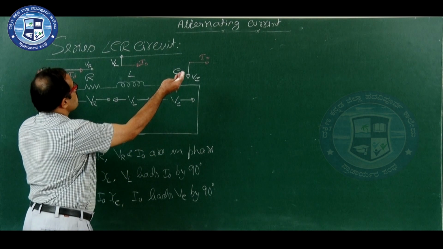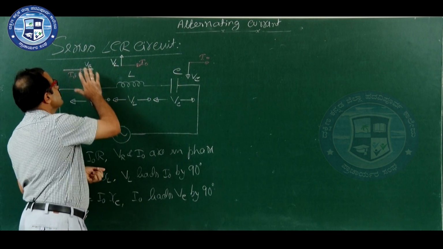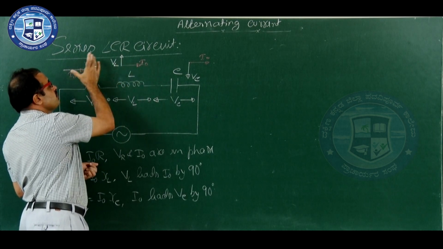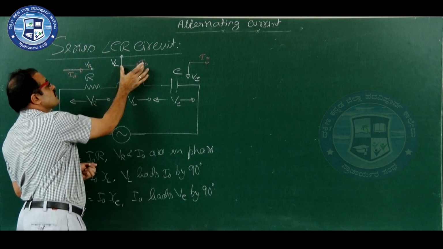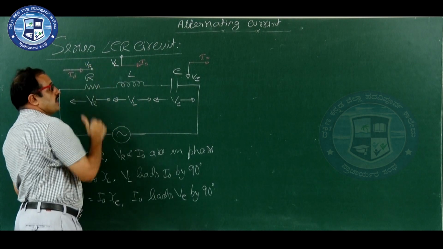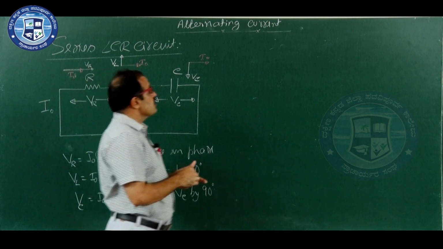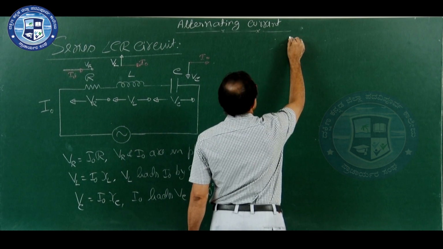Now, we can superimpose all of them. How to superimpose all of them? In all of them current will be same. Therefore, you superimpose so that the I naught vector coincides. Then we get the phasor diagram for LCR circuit. So, now we draw phasor diagram like this.